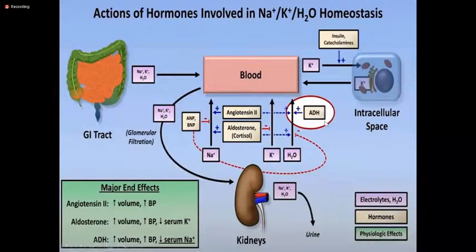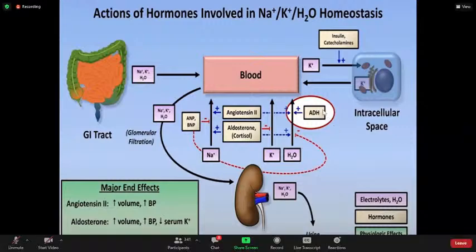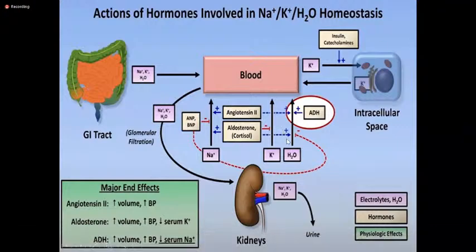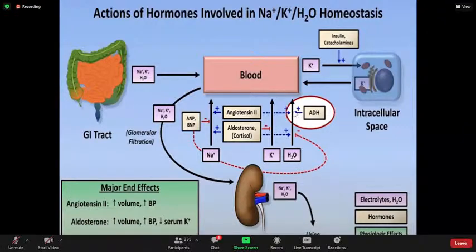So basically, this is a diagram just showing the different hormones that we've already talked about. You'll appreciate that angiotensin and aldosterone affect the reabsorption of sodium directly, and also reabsorption of water indirectly.